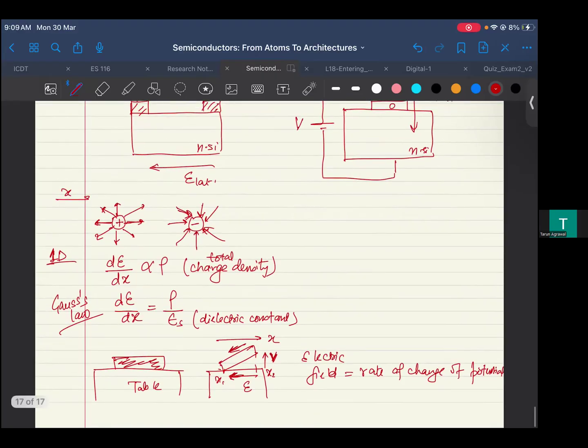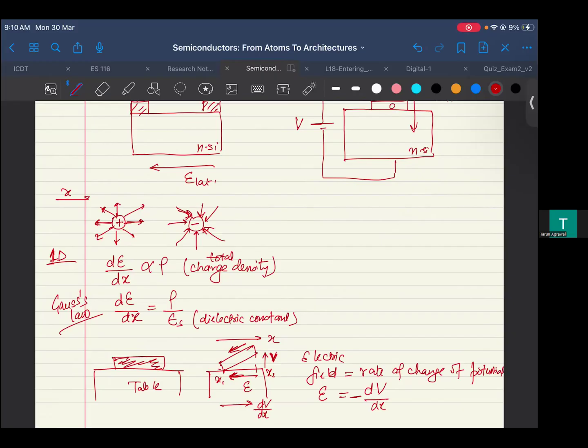So while E is proportional to dV by dx, dV by dx is positive in this direction, because dx is positive and dV is positive. But your electric field is in the opposite direction, and that is why there is a negative sign when we relate field to the potential. So the direction in which your potential is increasing, opposite to that is your field lines. This is the generic mathematics which we have seen.